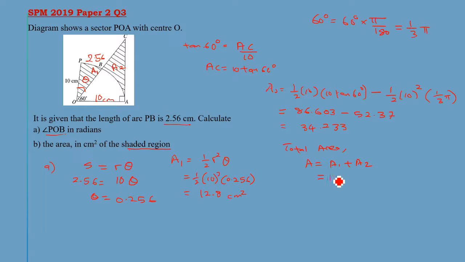So what is A1? 12.8 plus 34.233. Okay, so what you get is 47.033, or 03 is also okay. And your unit here is all in cm, so cm squared.